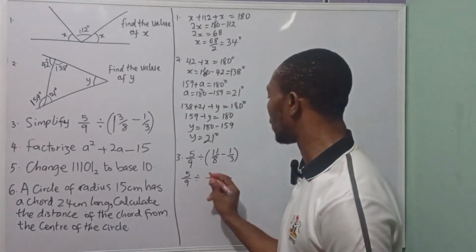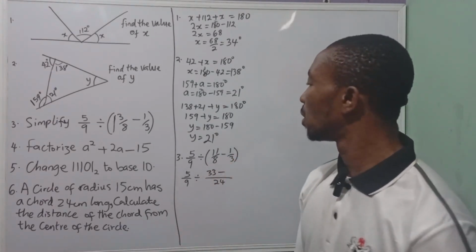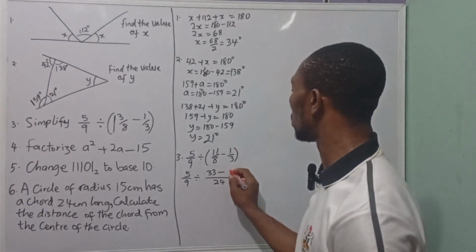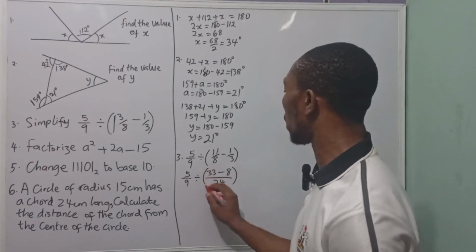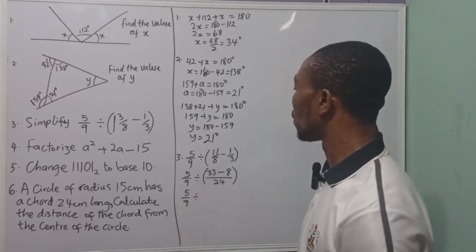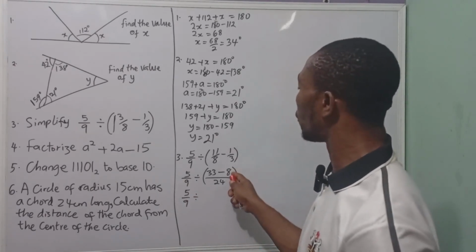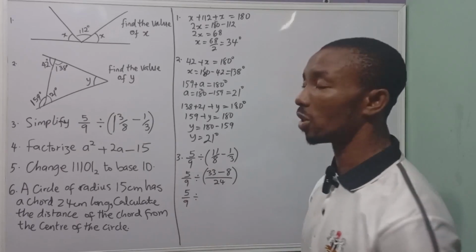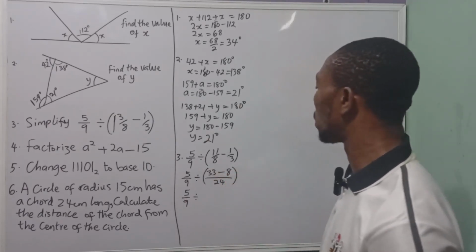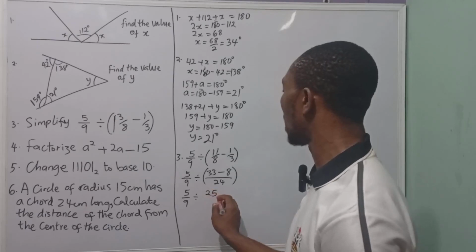Now 3 times 11 gives us 33, minus 3 into 24 is 8, and 8 times 1 is 8. So this gives us 5 over 9 divided by 33 minus 8, over 24. Now 33 minus 8 will give us 25. So this gives us 25 over 24.